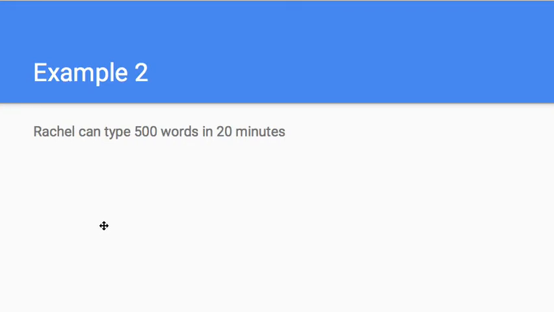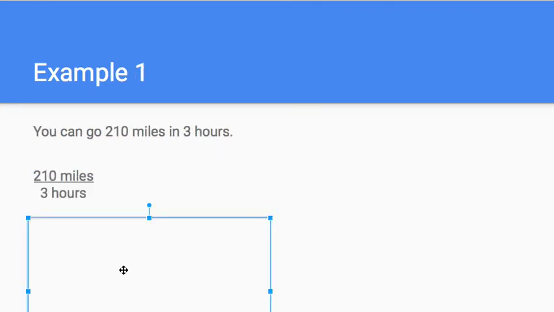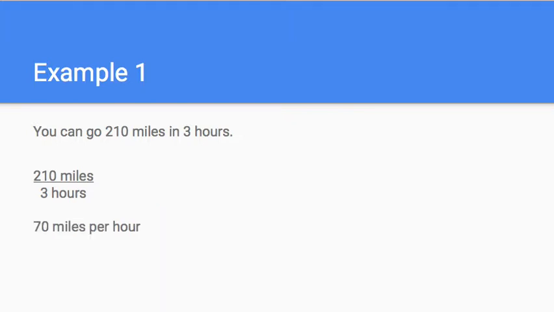So I have 210 miles, and I'm going to write that in fraction form because remember ratios can be written as fractions. So 210 miles over 3 hours. Well, a fraction bar also means that you divide. So I take 210 divided by 3, and that gives me 70 miles per hour, or 70 miles in 1 hour. That's my unit rate.